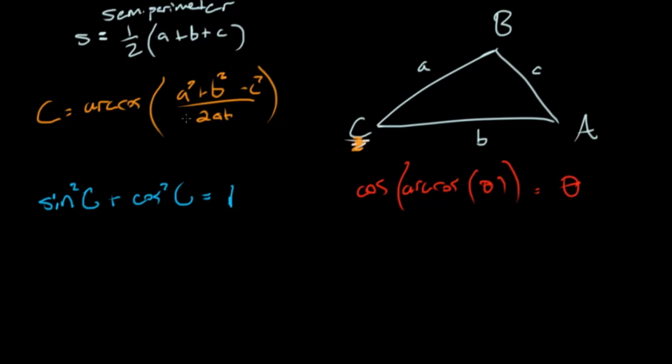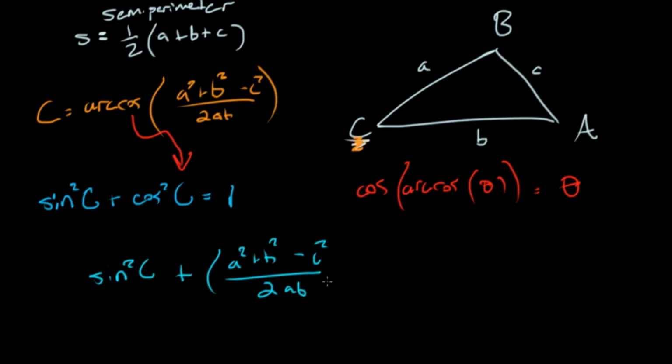How are we going to use this? We're going to plug this thing into C. Here we go. We have sine squared of C plus cosine squared of C, but C is the arc cosine of a squared plus b squared minus c squared, all divided by 2ab, and that is equal to 1.